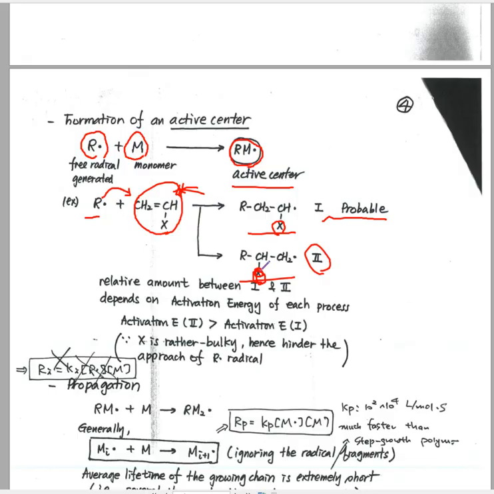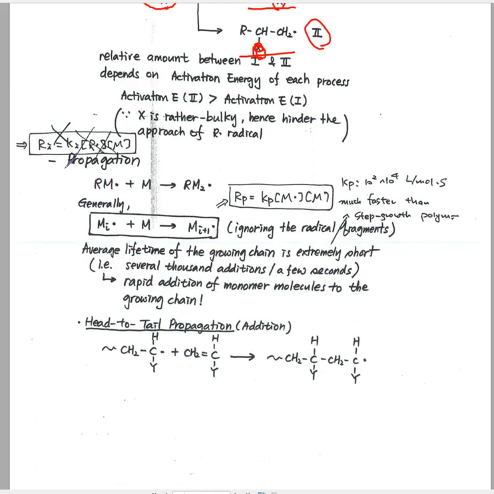And then there is the propagation process. Propagation means basically making longer chains, right? In the propagation process, this active center reacts with monomer. It just attacks monomer molecules and forms dimeric radicals.